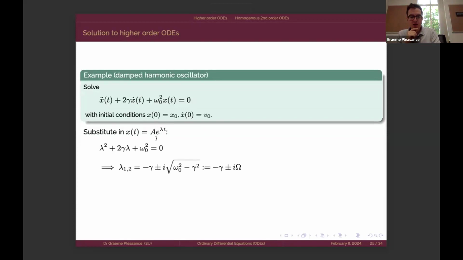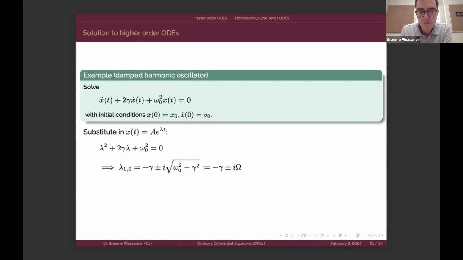Because this is a second order ODE, we come up with a quadratic equation, so a second order polynomial. Hopefully you know how to solve these types of equations. We can just apply the quadratic formula to obtain the roots of this equation. So in this case, these roots are given here.